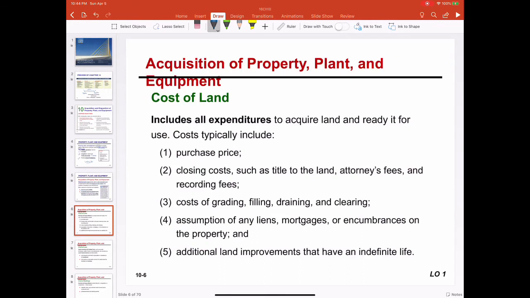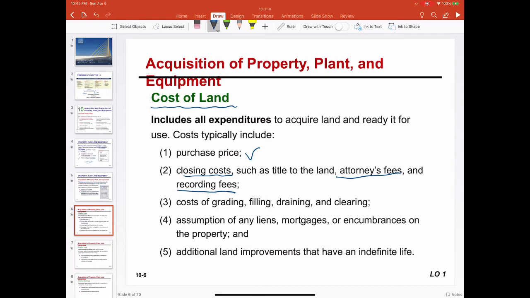Next, this is a list of expenditures that should be included as the value of the assets. We start from the land. So when a firm acquires land, to get this land ready for use, it should pay the purchase price, closing fee, attorney's fees, recording fees.